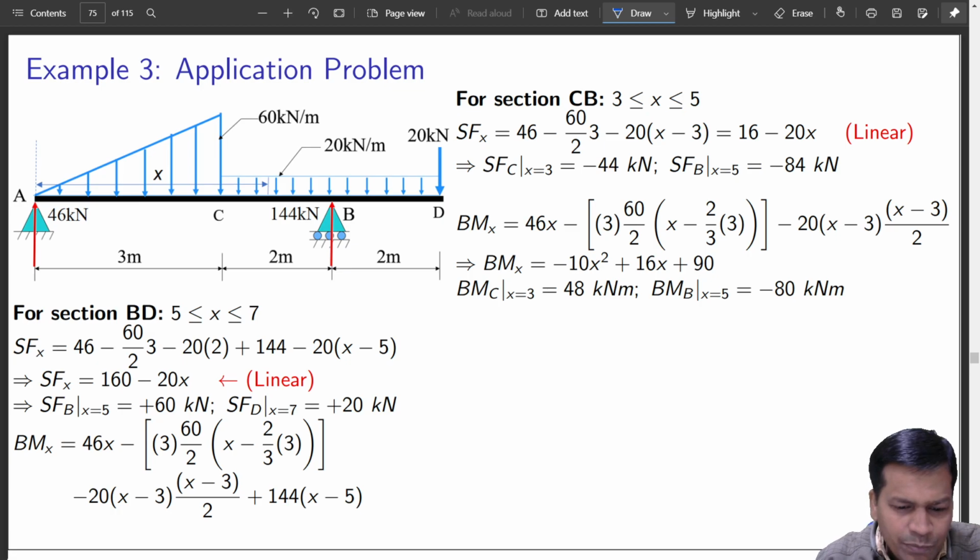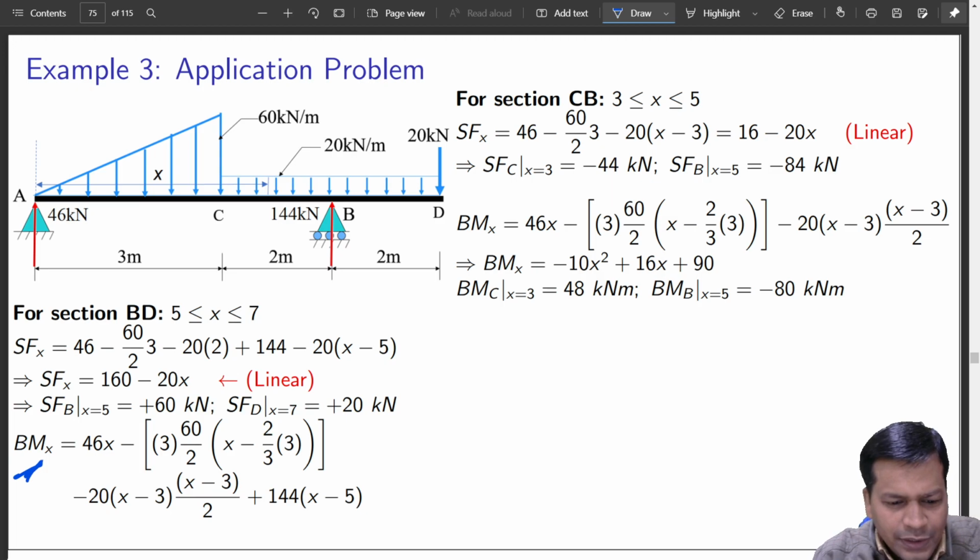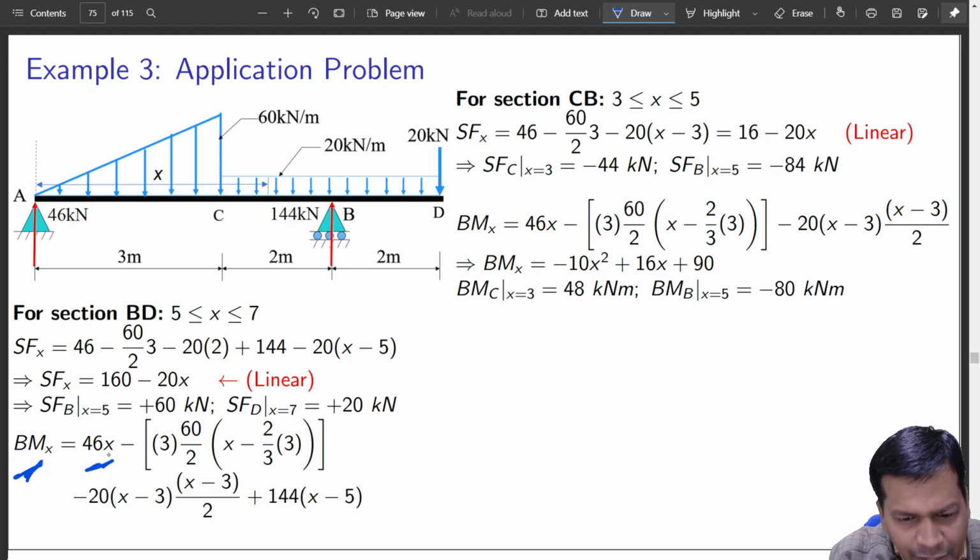Taking back again bending moment, same way, this time x is whole of this distance, 46 into x, x is till here, okay.